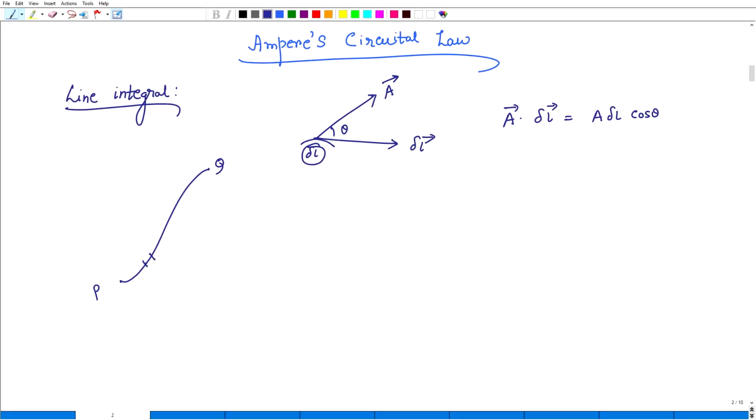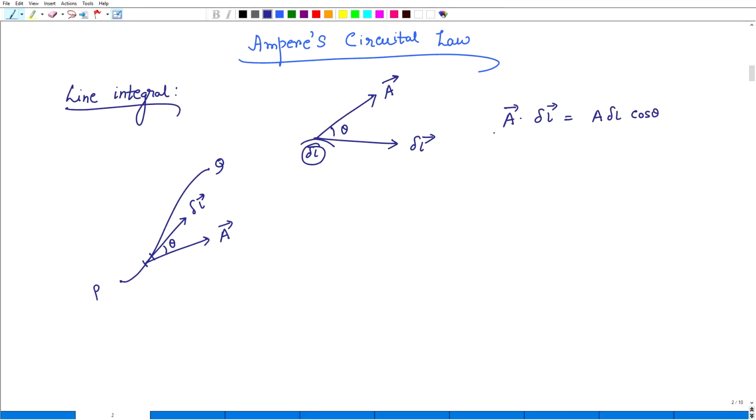Let us say this is a dl section, then this unit vector will act like this, and any A vector, let us say, is working like this, and this is theta. Now, A may be any random vector, that may be force, electric field, or magnetic field; any vector quantity is operating along that path.